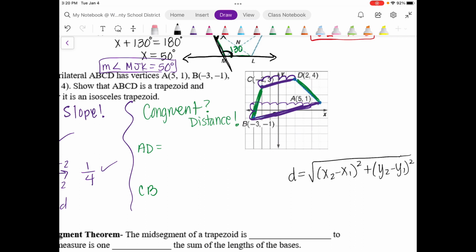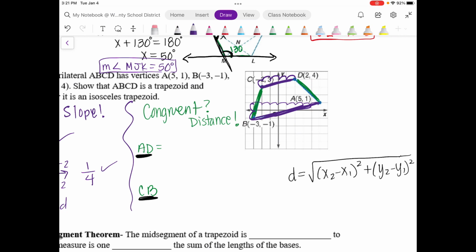Okay? So go ahead and do that. Remember that it's helpful to label your points x1, y1, x2, y2, and so on. Go ahead and pause the video and see if you can solve for the distance of AD and CB.